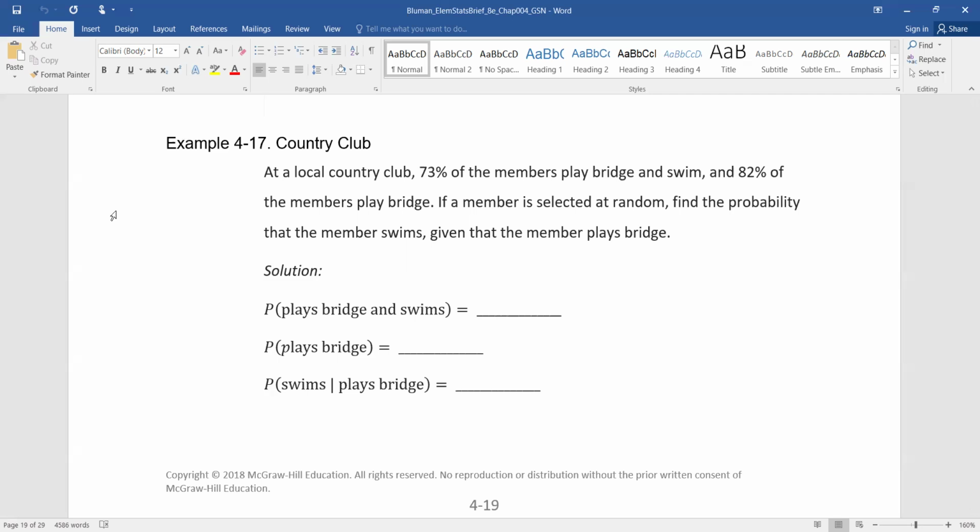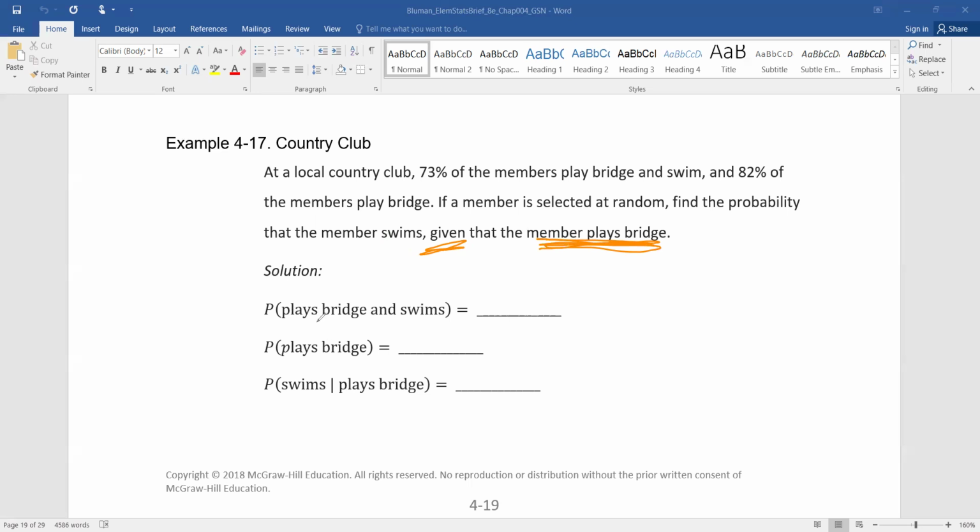If a member is selected at random, find the probability that the member swims, given the member plays bridge. So this right here will be the number that goes on the bottom.